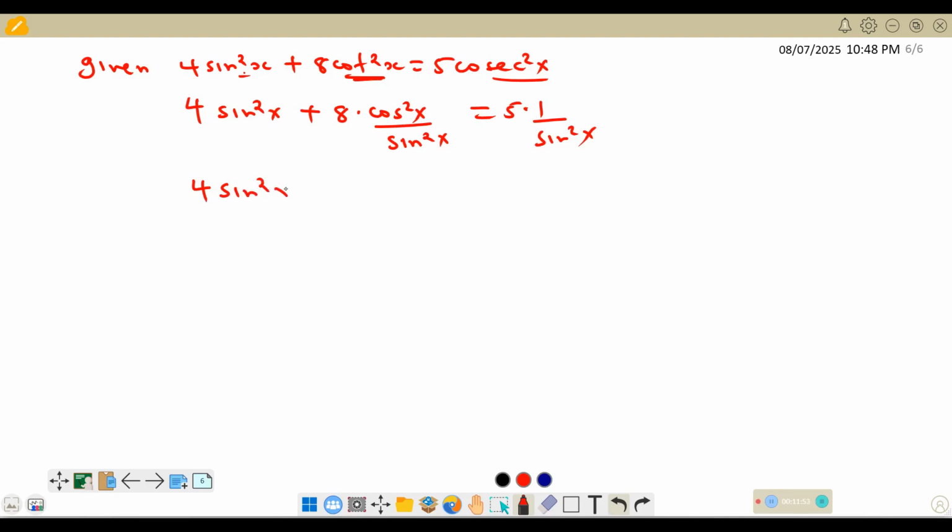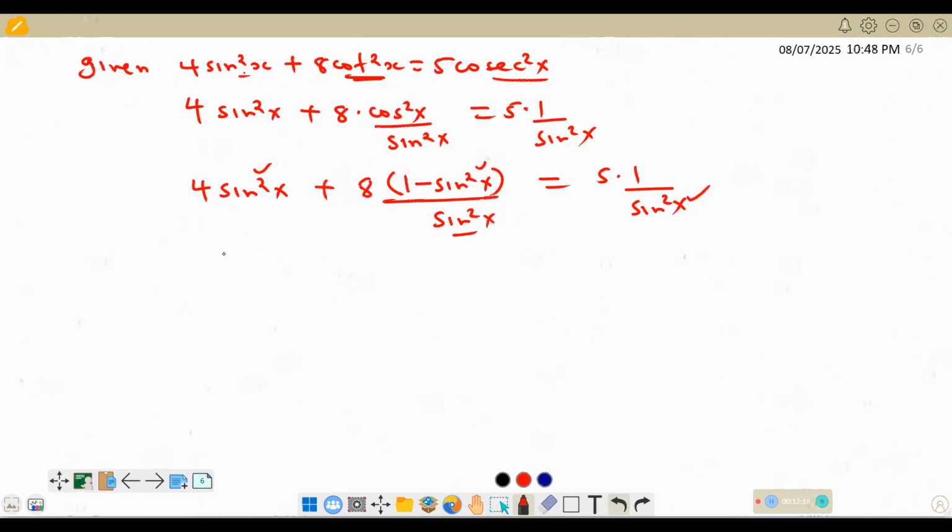So we shall be able to have this as 4 sine squared of x plus 8 cos squared of x, which is same as 1 minus sine squared of x, then divide this by sine squared of x, which is equal to 5 times 1 upon sine squared of x. So looking at this, you realize that each of these are in terms of what? In terms of sine squared of x.